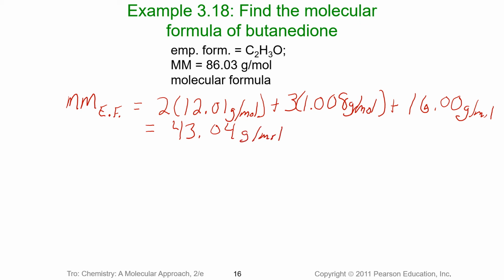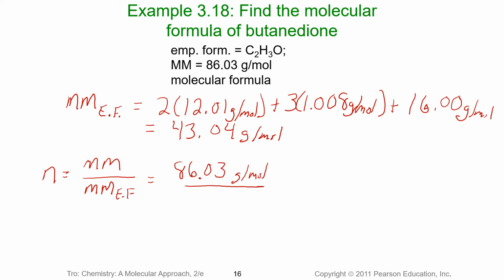In order to find our multiplication factor, we're going to take the molar mass of the compound and divide by the mass of the empirical formula. In this case, 86.03 grams per mole divided by 43.04 grams per mole.